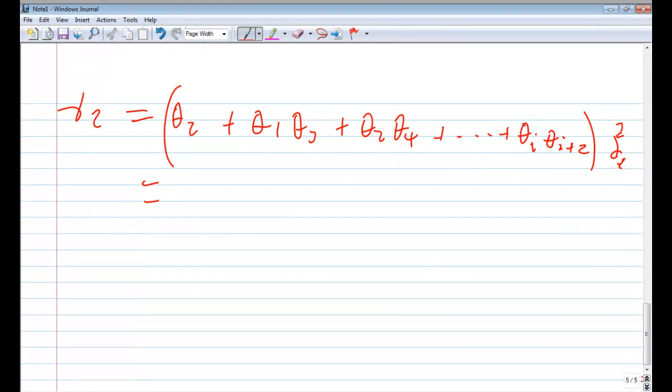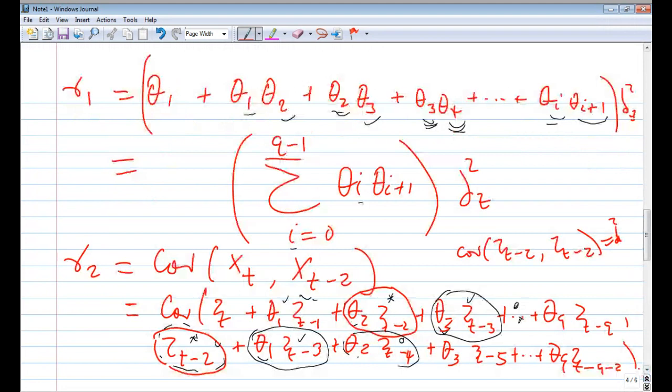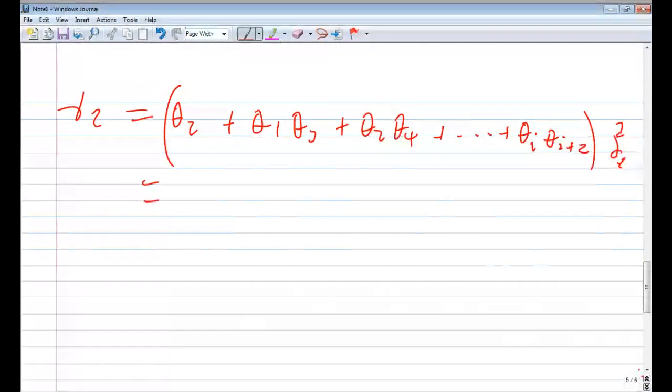Theta 4 is here, remember: Z t minus 4. Now I see it. I didn't write it, so I was going to lose marks, because I just jumped into the final one. But anyway, it's there.